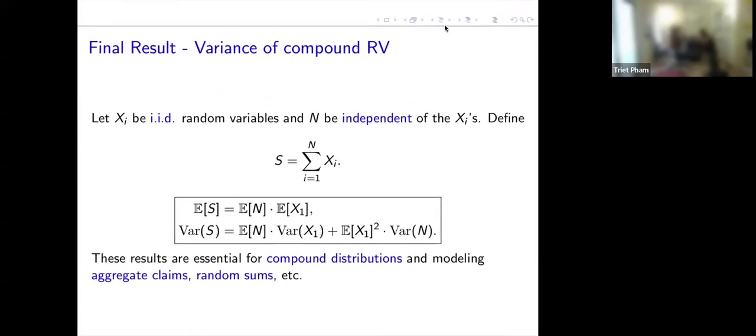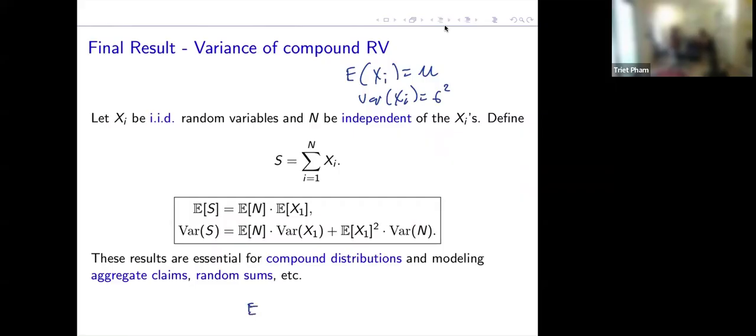So the final result is the following. Let's say the expectation of xi is mu and the variance of xi is sigma squared. So the amount of money spent has mean mu and variance sigma squared.